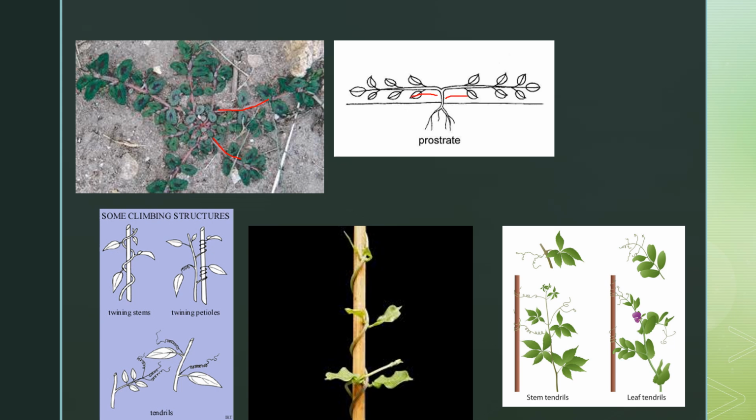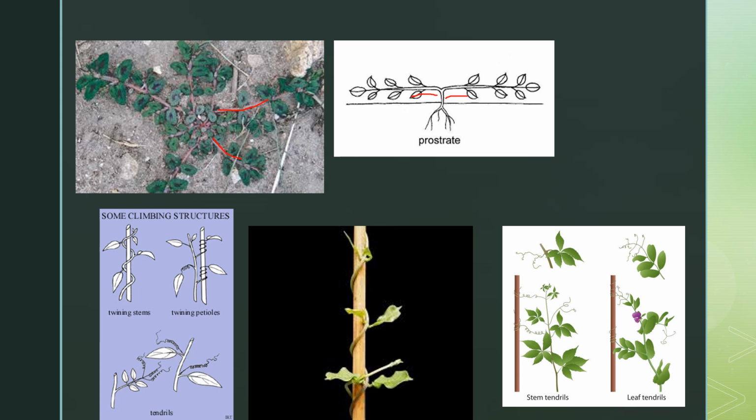And if there is rooting at the nodes of this plant, we can say this type of stem is creeping. But if not, we call it prostrate.